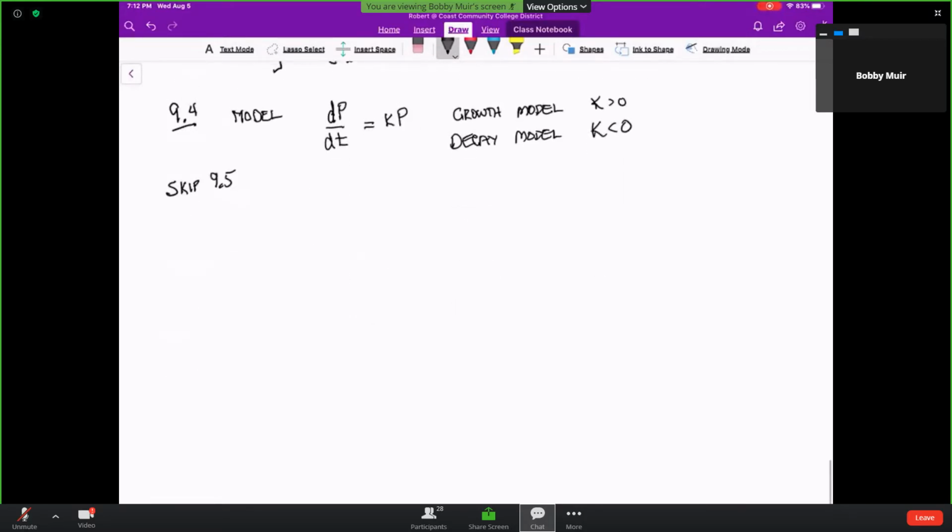Okay, but we are at a place now where we have another technique. So 9.5, linear first order differential equations. Okay, so start with an example.